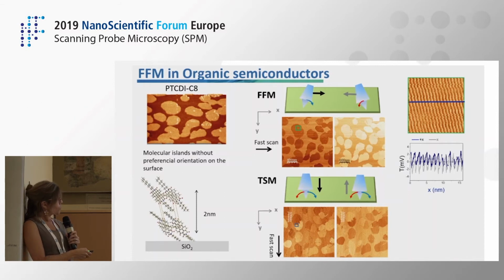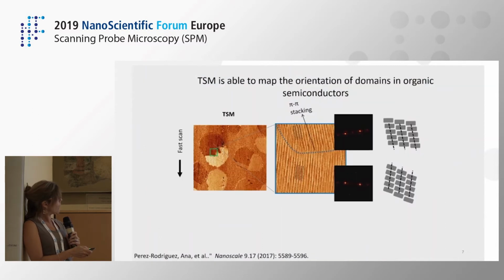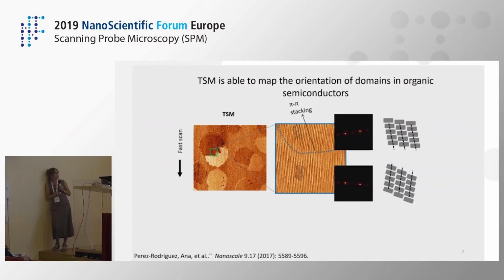Now, to demonstrate that this contrast is due to the different azimuthal orientation of these domains, let me show you the image in transverse shear microscopy at molecular level in this image. So here we focus on this region of the boundary where we can see the different orientation of the molecular rows, corresponding, as I was telling you before, to this pi-pi stacking direction.